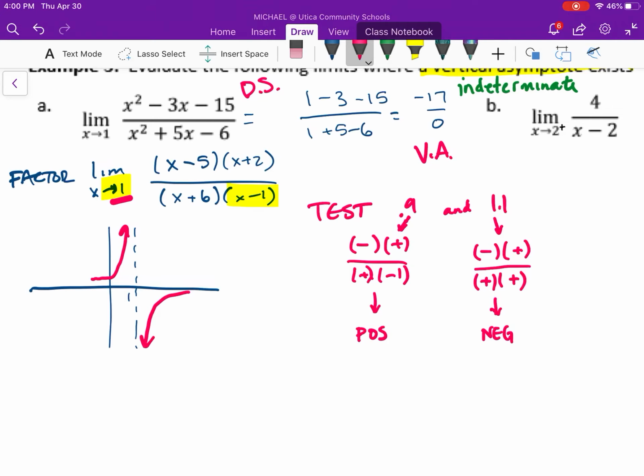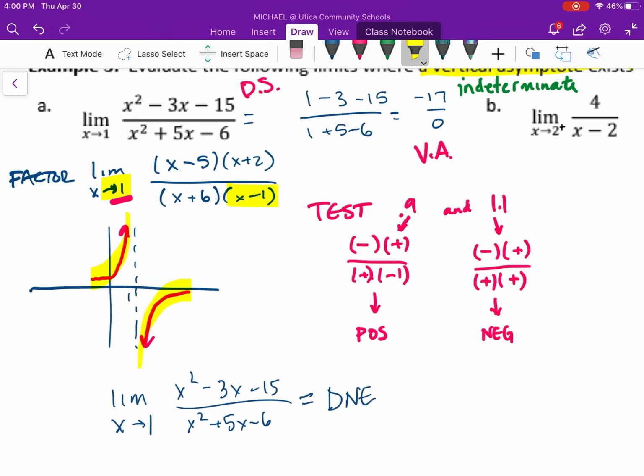So this side is going towards positive infinity, this side is going towards negative infinity. They're going to different places, so therefore the limit as x approaches 1 of this function, x squared plus 5x minus 6, does not exist. Again, it does not exist because they're going to different spots.